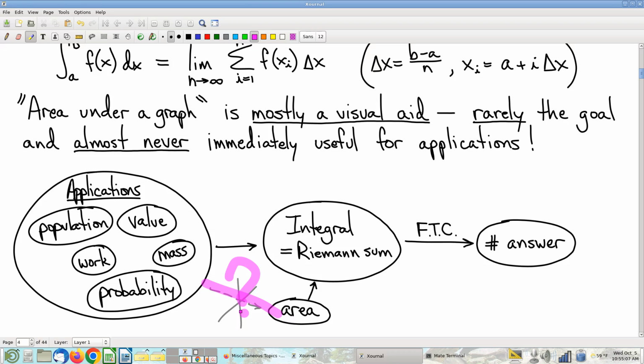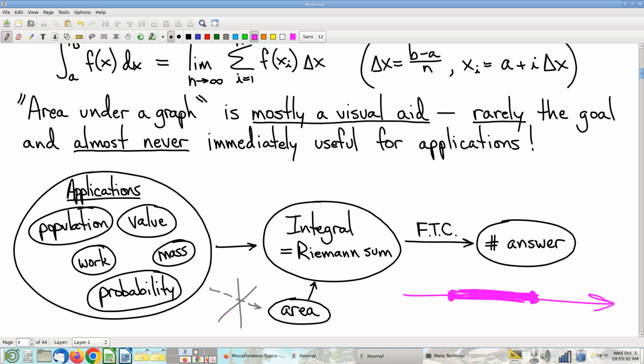Right? I've got a one-dimensional rod, here's my x-axis, and I've got a rod like this, sitting along the x-axis, and I want to compute the mass there. Where in this picture is there an area? There's no area. So we're kind of making stuff up if I say, mass is just automatically area.